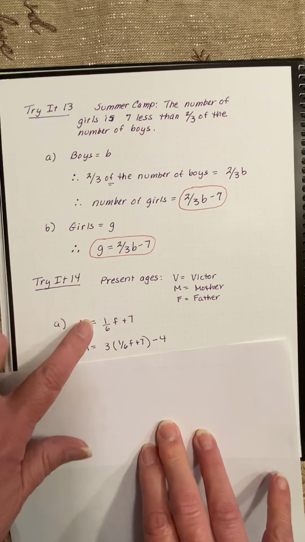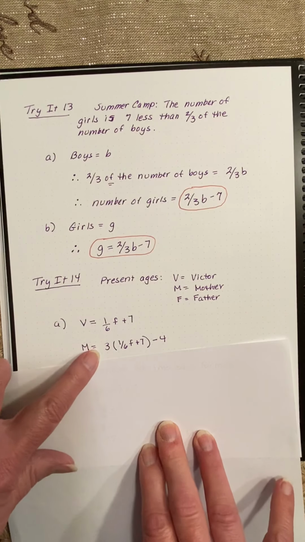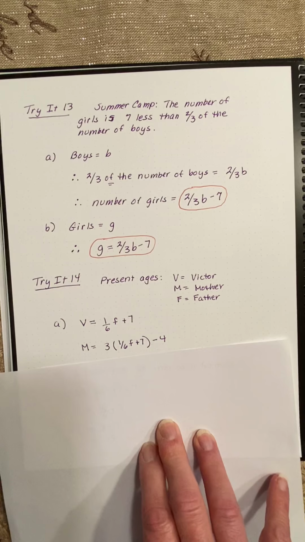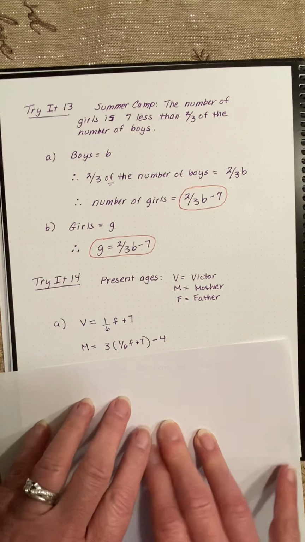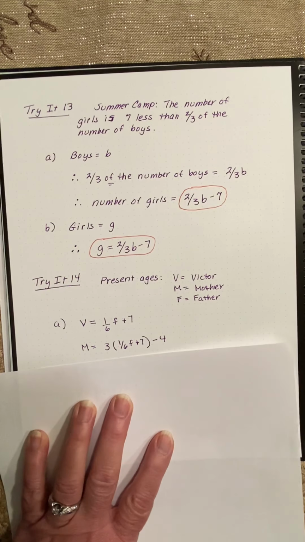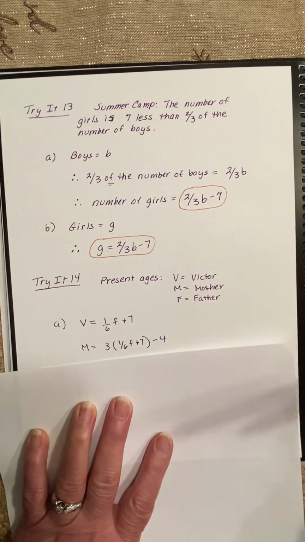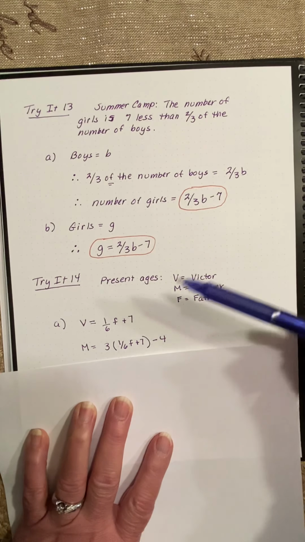This is the part you spend the most thinking on, because part B is just a matter of plugging in a number and doing the math. So part B says, if Victor's father is 48 years old now, how old are Victor and his mother? So basically, I'm going to plug 48 into this spot.